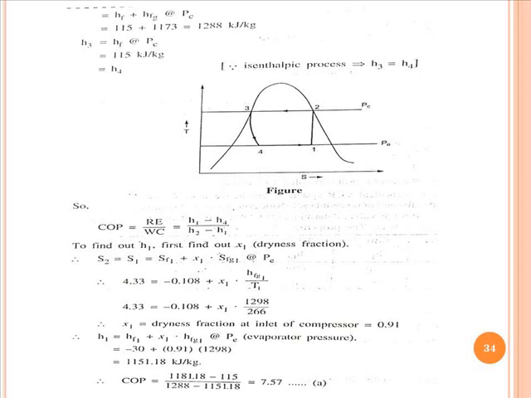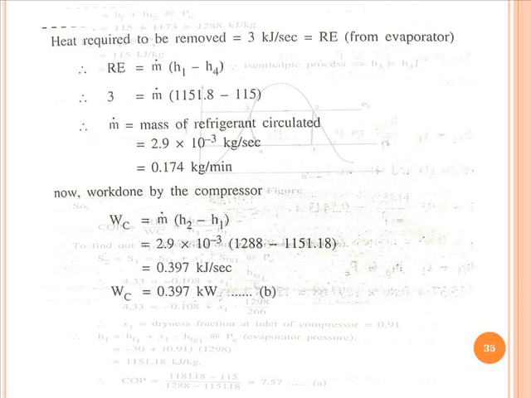So we will get H1, that is equal to HF1 plus X1 HFG1, and that value is 1151.18 kilojoule per kilogram. Based on that, we will get the COP value, that is 7.57.